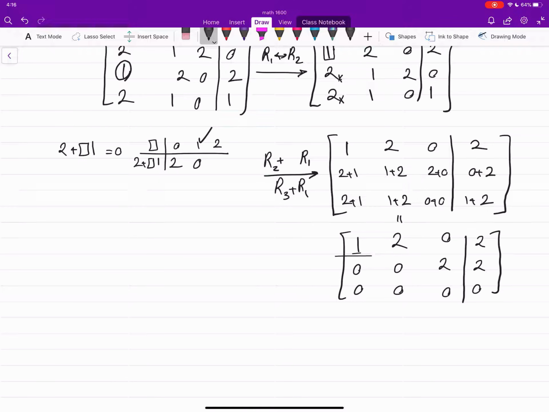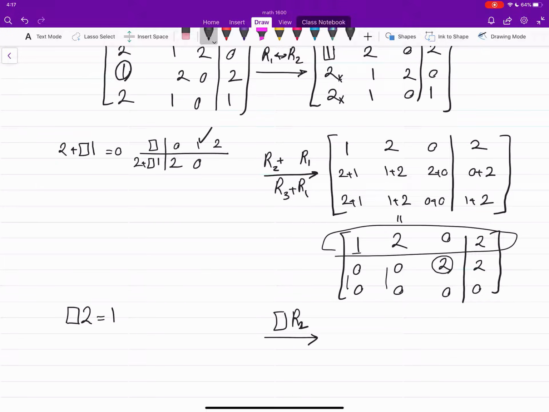We move to the second row and go one by one. You see that there is a non-zero entry. We choose that one to make it 1. What is the number I have to multiply to row 2 such that when you multiply that entry 2 by that box, you get 1? I want to have 1 there.